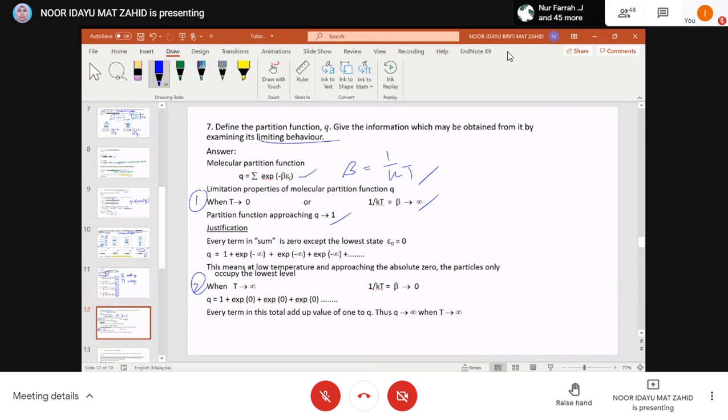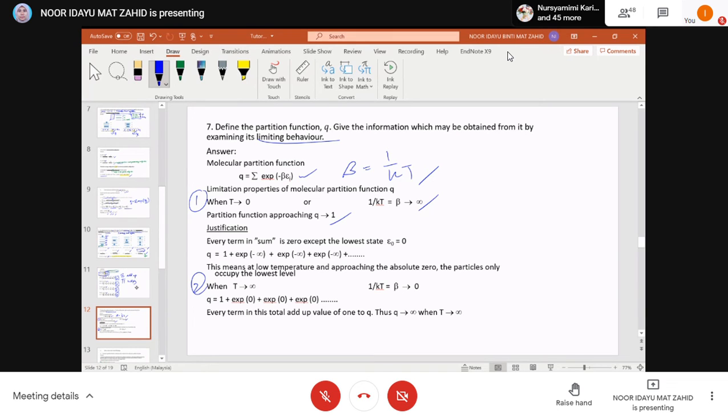What does it tell you? It means that at lower temperature, only the lowest energy level will be occupied because the molecules don't have enough energy to excite to the higher energy levels. So it makes sense that as T approaches 0 Kelvin, Q approaches 1. Only the lowest energy level is being occupied.